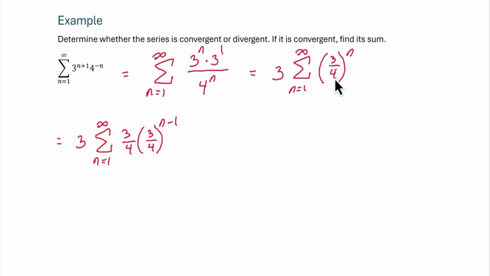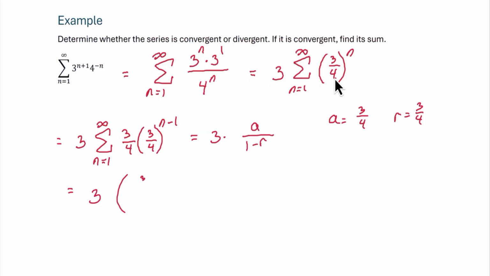And from here, we can see that it is indeed geometric. We have a geometric series. A is 3/4. r is also 3/4. So we have 3 out front still, times, remember we do a divided by 1 minus r.